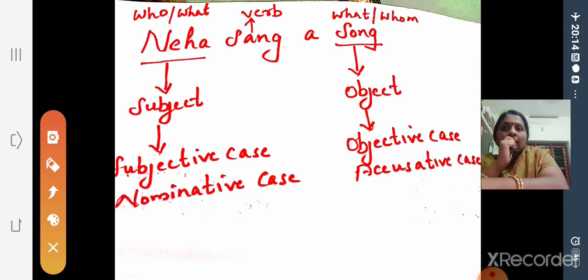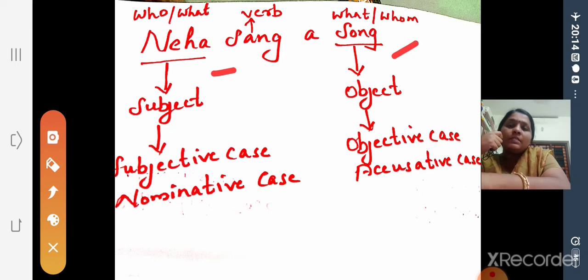Neha, sang, song, etc. So can you tell me how many nouns are here in this sentence? Yes, two nouns, Neha and song. There are two nouns in the sentence, Neha and song.